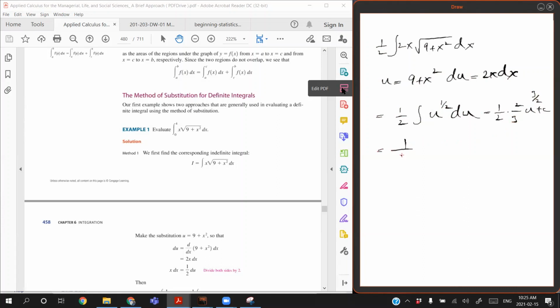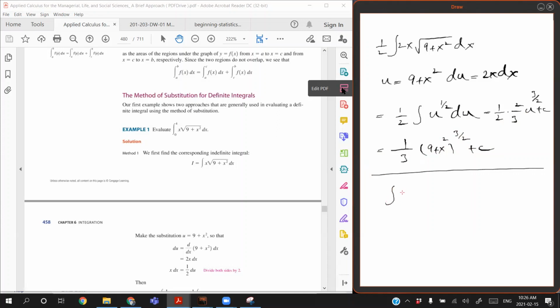So it's going to be 1 over 3 u to the power of 3 over 2 plus c. And that is going to be replaced, the u, by 9 plus x squared, and I'm done. So you would do this. This is substitution. Now, what if I give you a definite integral like this?